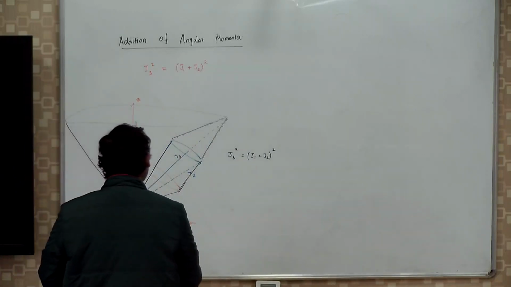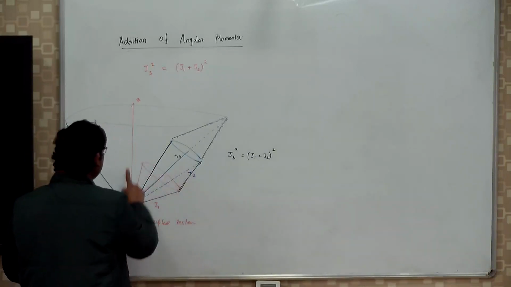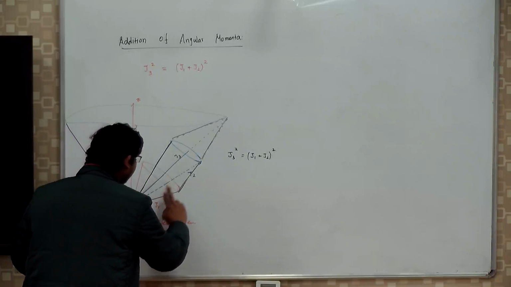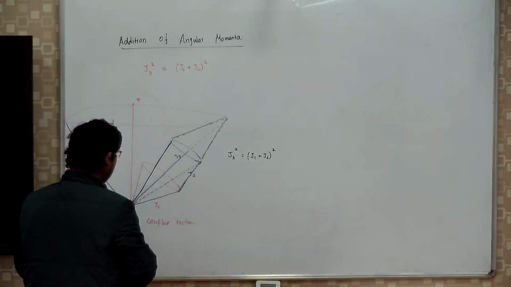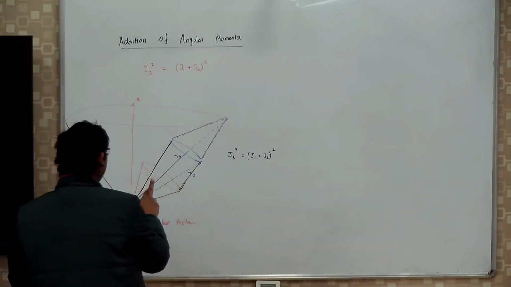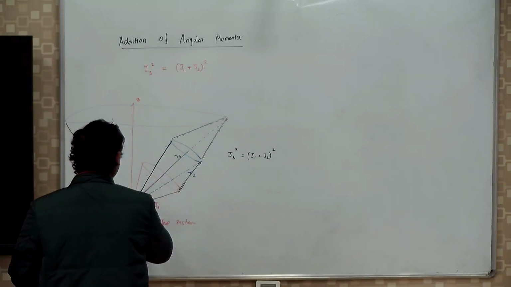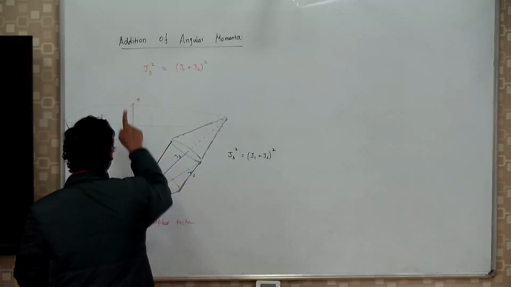In the earlier case, J1 and J2 also precess in the z direction, and the vector sum of J1 and J2 also precesses with the z direction. But here Z1 and Z2 precess with their own axes, and the vector sum of Z1 and Z2 precesses with the z direction.